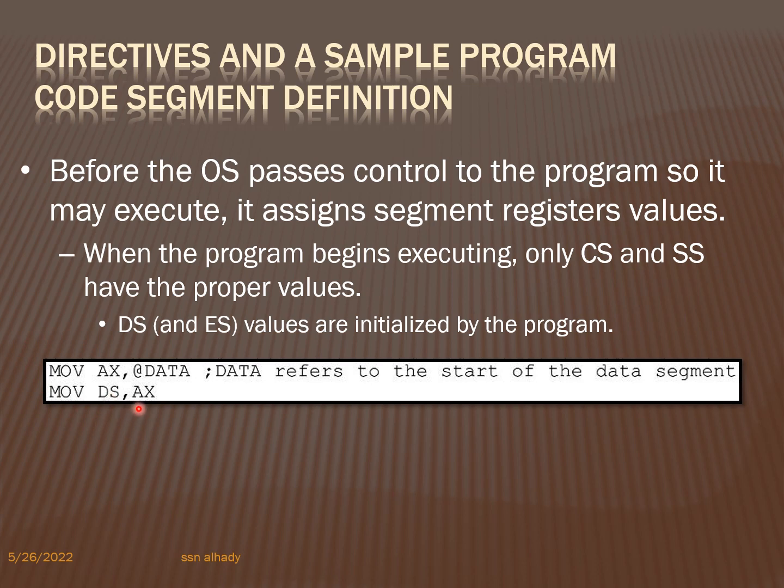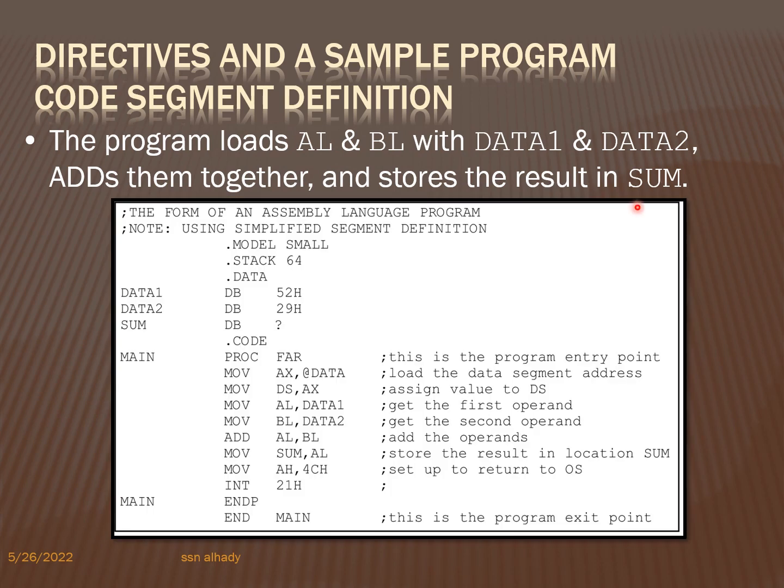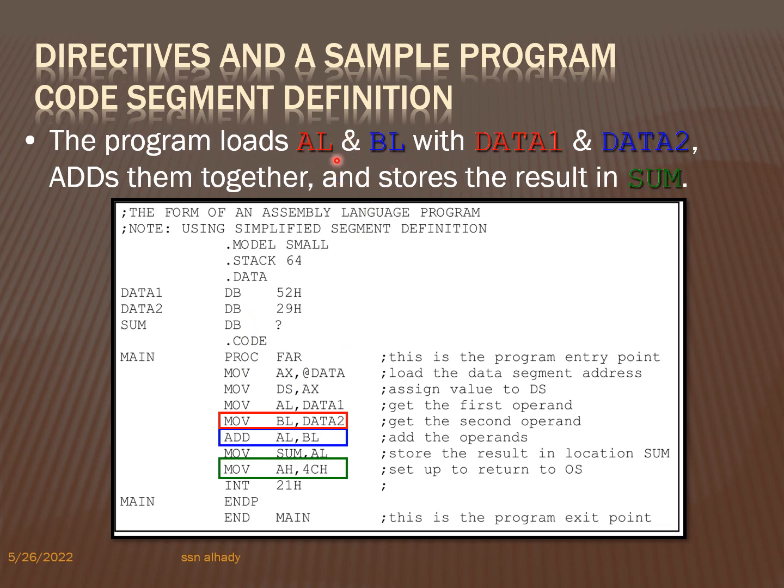Move DS, AX puts the value of AX into the data segment register. The program loads AL and BL with data 1 and data 2, then adds them together and stores the result in sum. This part is where you assign the data segment.